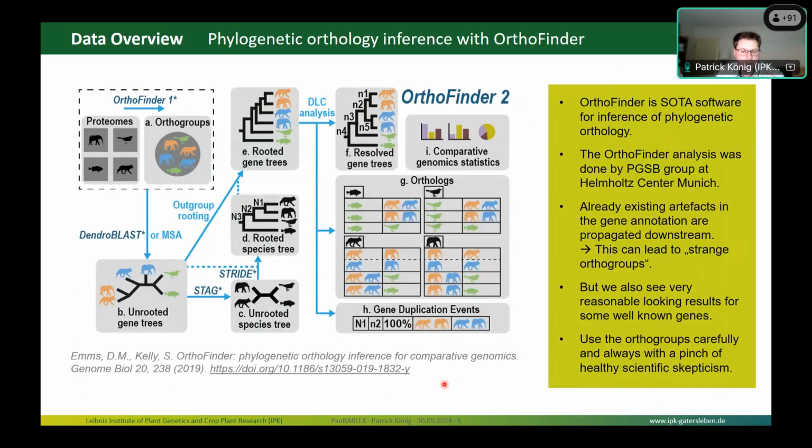Also, besides the gene annotation, there was analysis done with the OrthoFinder tool by colleagues from Helmholtz Munich Center. It's the research group of Klaus Meyer and Manuel Spannagel. And they applied the OrthoFinder tool to infer phylogenetic based orthogroups.